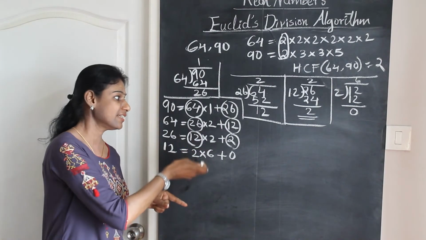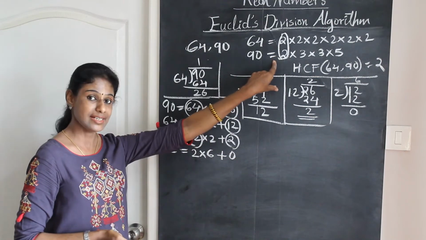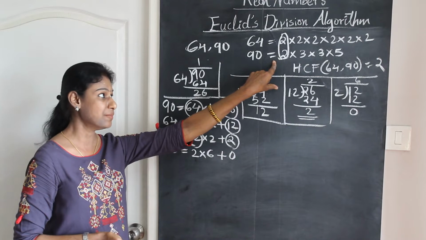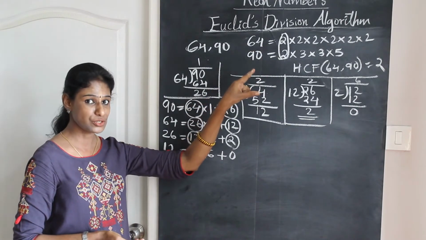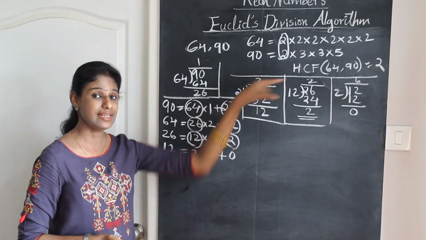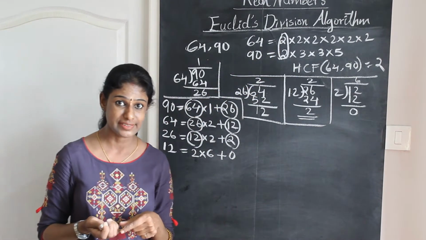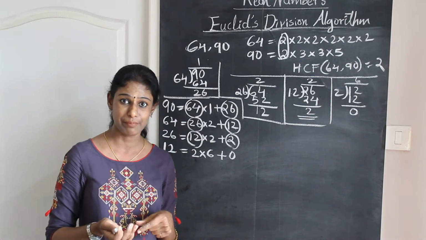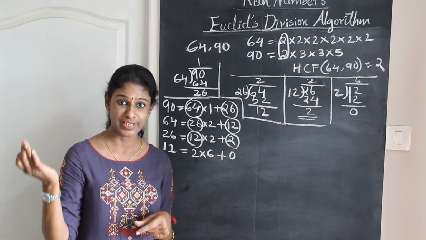Now you may find that this is a little bit lengthy, but see, here it is easy to factorize the numbers because 64 is very easy to factorize and 90 also easy, and we got easily the HCF as 2. But when we do prime factorization, sometimes the factors may be big, like 17 or 23 or 29.